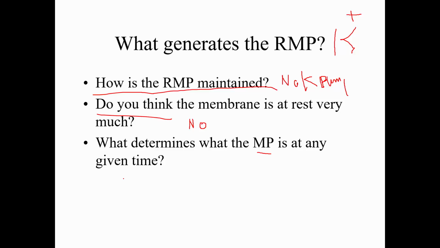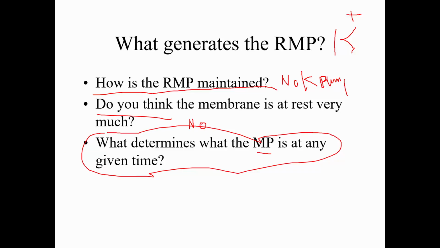I have a couple of ways to describe this coming up, and hopefully by the time we get through this, the answer to this question will make a lot of sense to you. We have gradients across the membrane. To use those gradients, you have to open up channels. And the membrane potential you have depends on what kind of channels are open and how many of them are open.